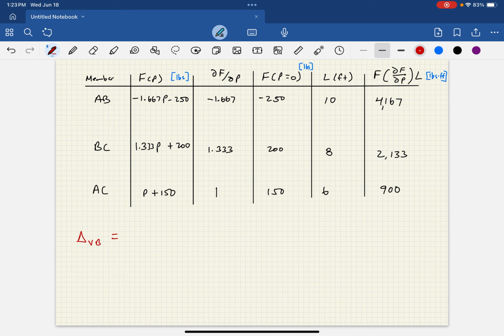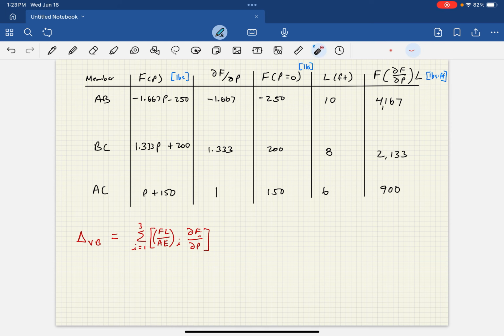Well, I've got that formulation, summation as i goes from 1 to 3 of F L over AE sub i times dF sub i dP, okay?